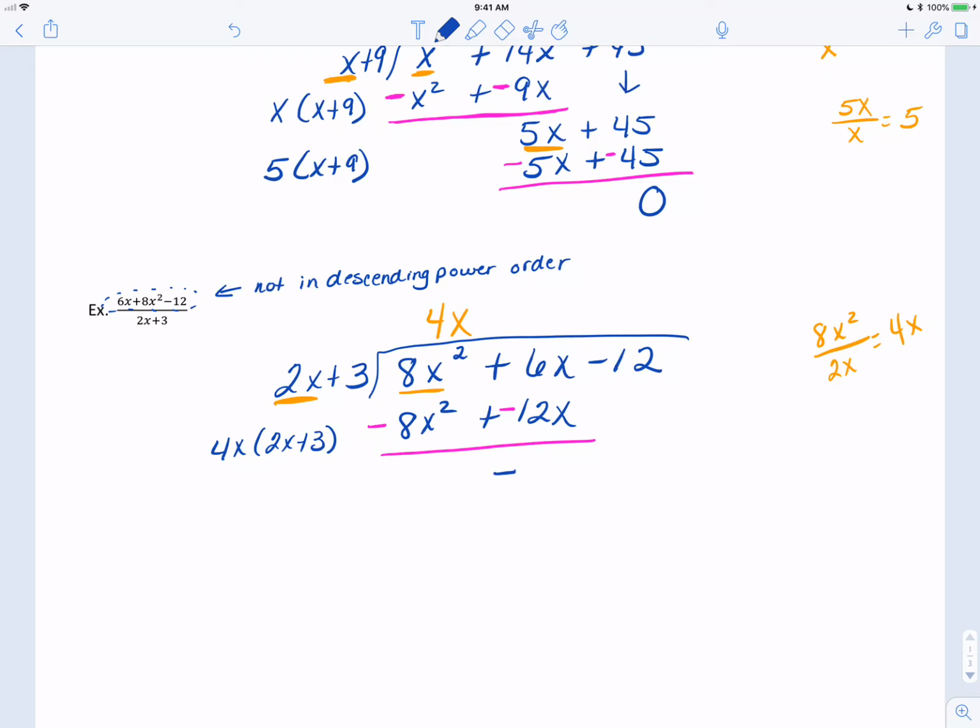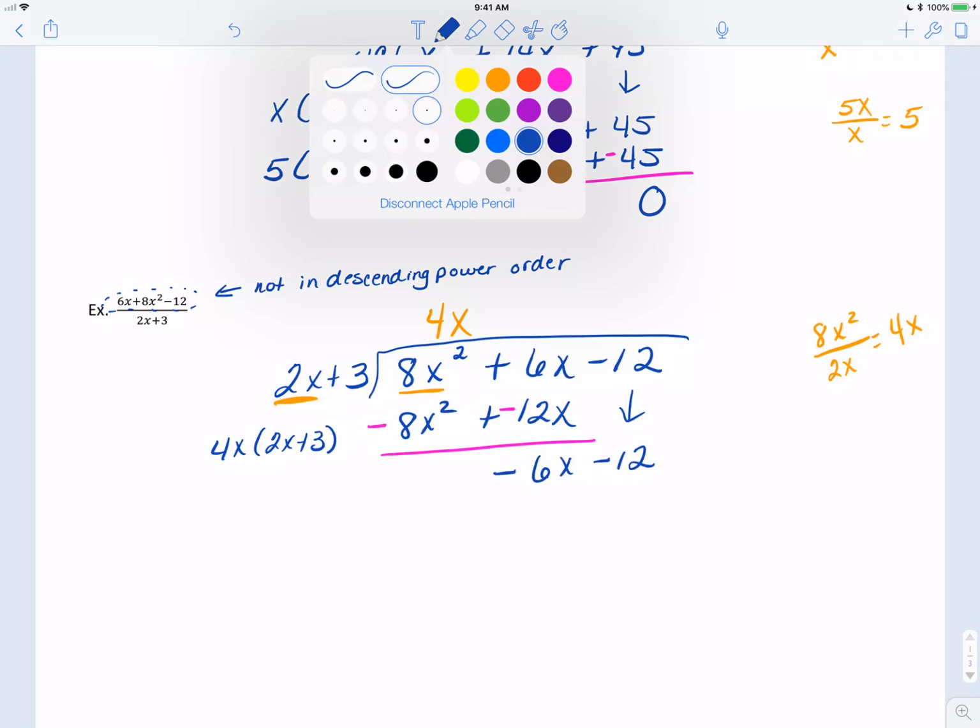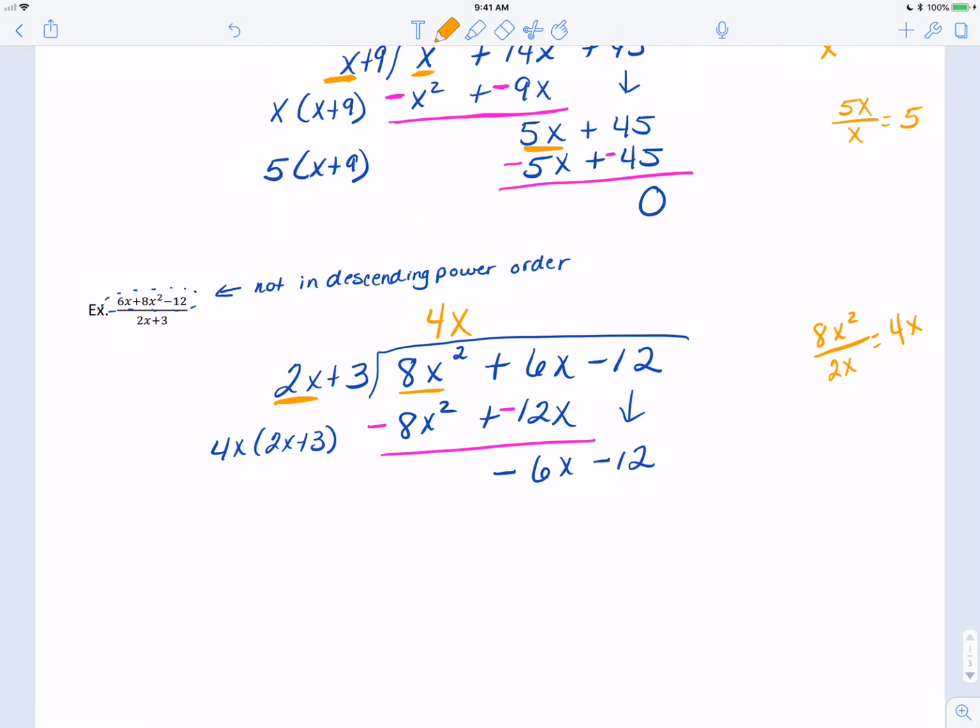That gives us a negative 6x. Bring down the next term, minus 12. So then we're thinking, how can this negative 6x divided by the 2x, what do we need? Or 2x times what makes negative 6x? Well, we know it needs to be negative, and it looks like just a 3.